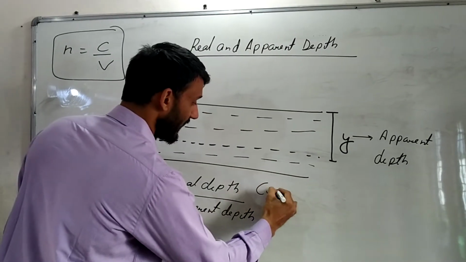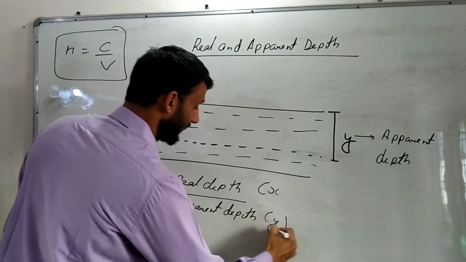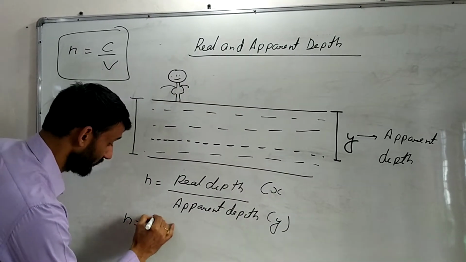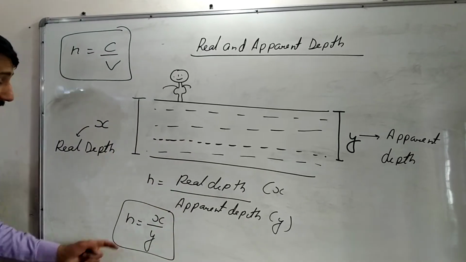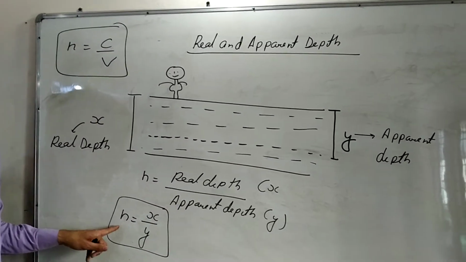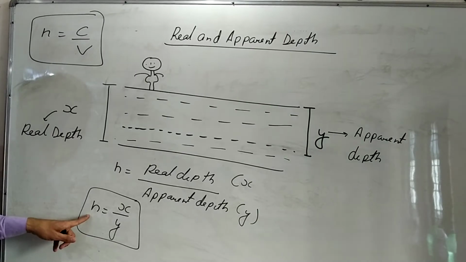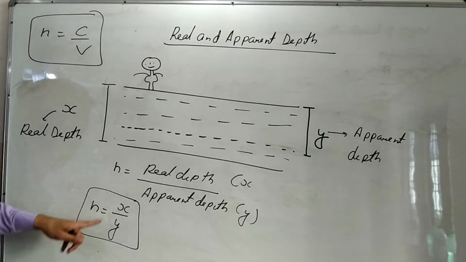I have taken real depth as x and apparent depth as y. So n is equal to x upon y, where x is real depth and y is apparent depth. This is also a formula to calculate refractive index.